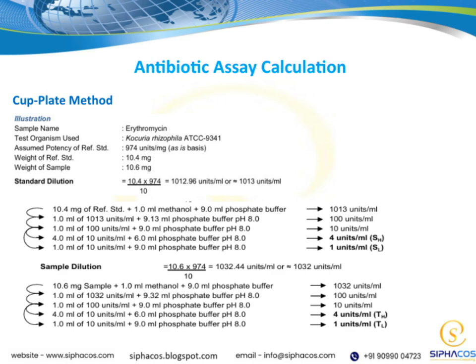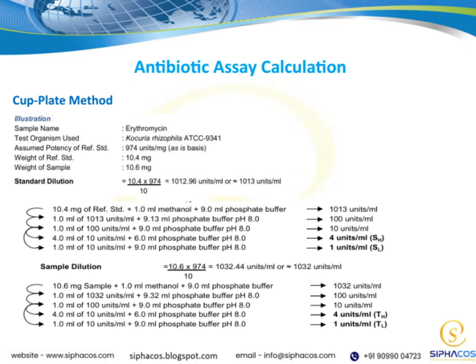When performing the assay, it's crucial to ensure consistent sample volumes and proper incubation conditions to get reliable results. Calculating the antibiotic activity involves comparing the zone sizes against standard reference values, which helps us quantify the potency of the antibiotic sample.